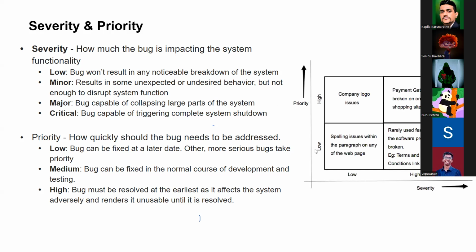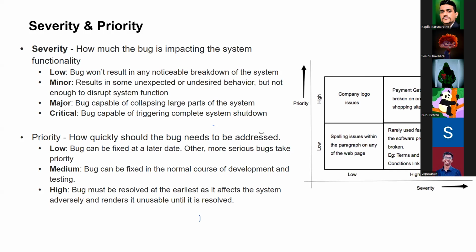Low priority, low severity defects are negligible. The high priority, high severity defects are the most crucial, but sometimes there are high priority defects with low severity, and sometimes high severity defects with low priority.